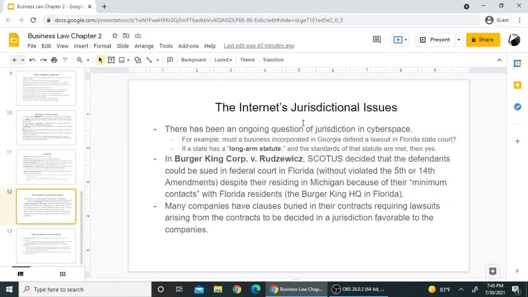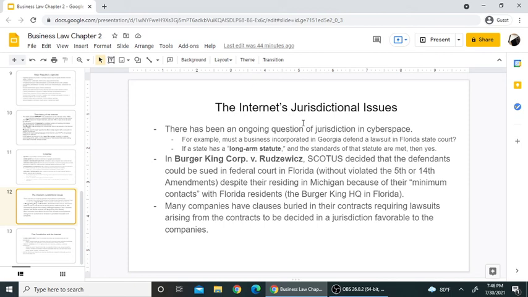For example, the main question of jurisdiction goes something like this: should a business in Georgia have to defend a lawsuit in a Florida state court if it was doing business over the internet and somebody in Florida wanted to buy something and that resulted in a lawsuit? Does the Georgia business have to defend its lawsuit in Florida?